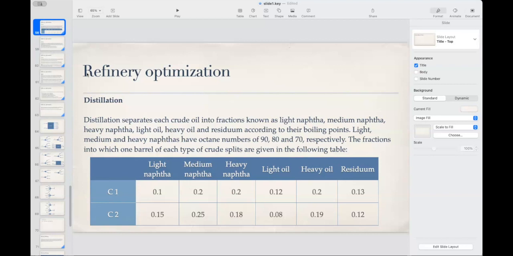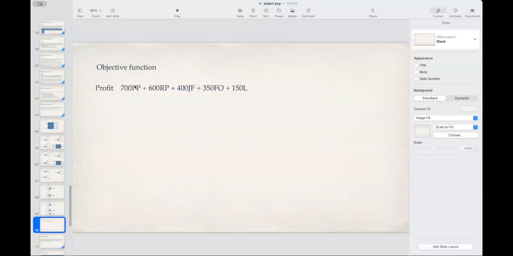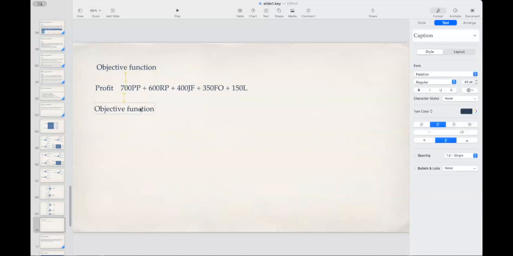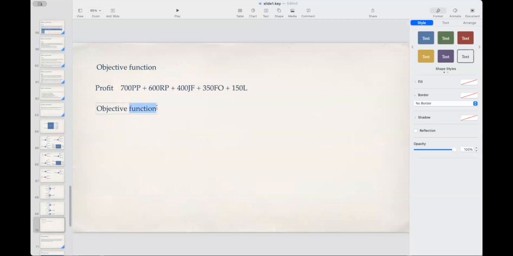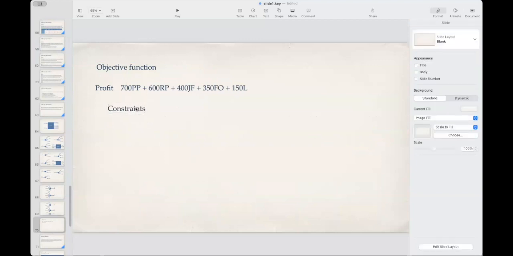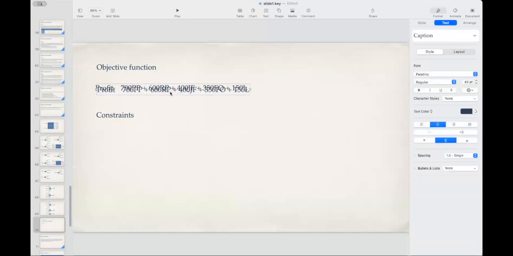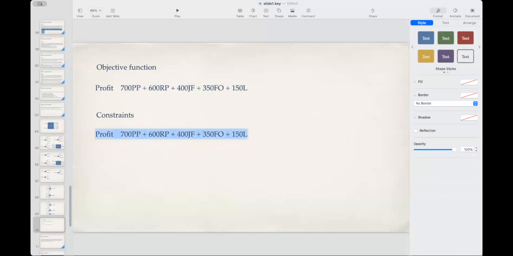Okay, let me write this down in the slide. We have constraints. This will be our constraint. What we have, the first one is Ln.